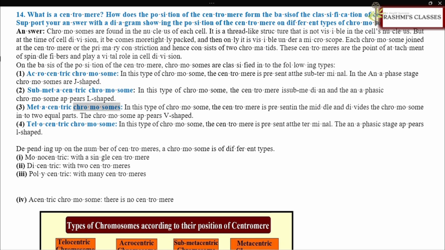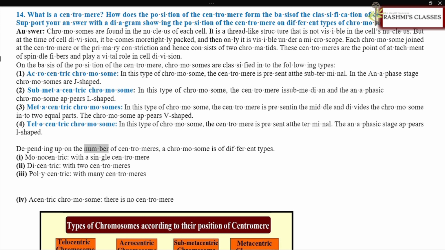Metacentric chromosomes. In this type of chromosome, the centromere is present in the middle and divides the chromosome into two equal parts. The chromosome appears V-shaped. Telocentric chromosome. In this type of chromosome, the centromere is present at the terminal. The anaphasic stage appears L-shaped.